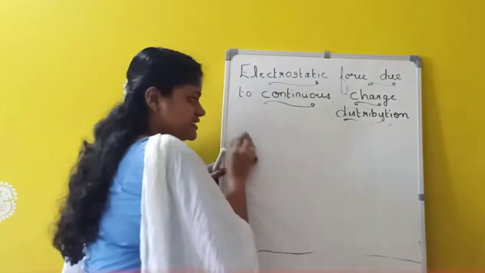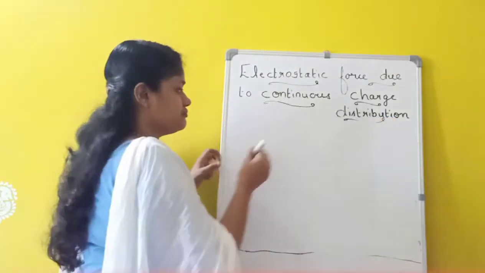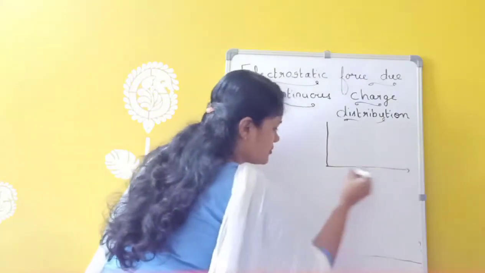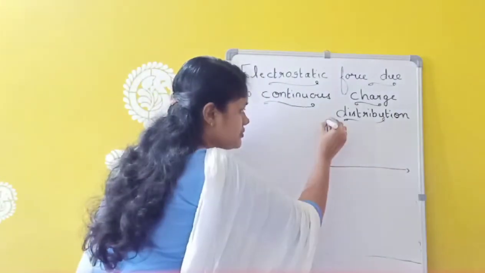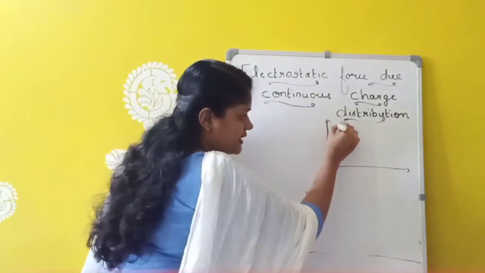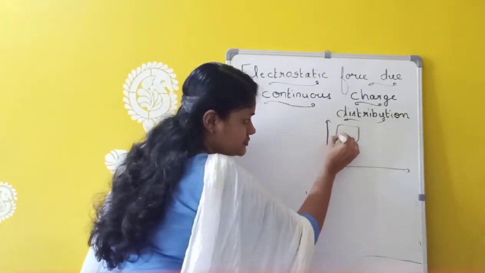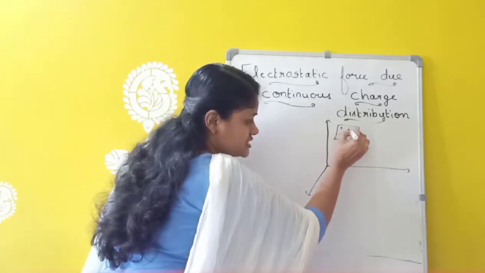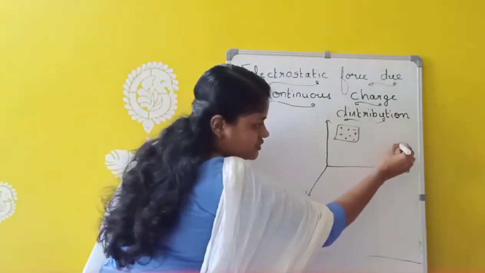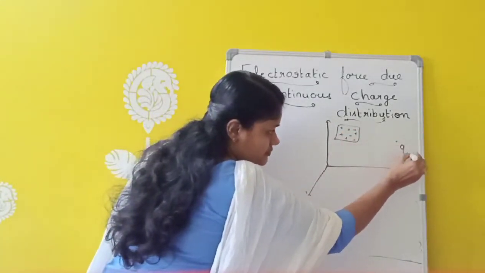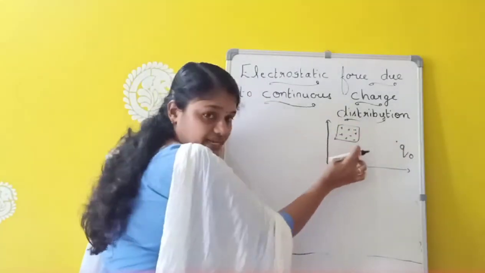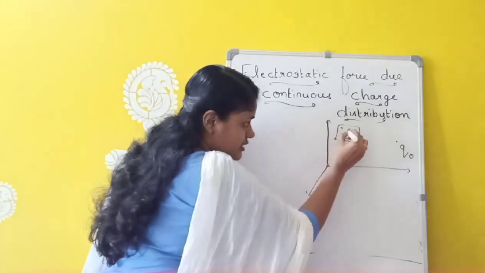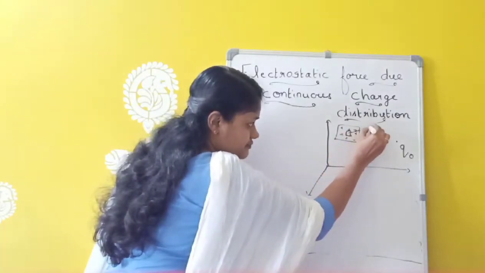So first of all, I am drawing a diagram here. So consider a plain sheet having continuous charge distribution. Okay, and I have taken another charge Q0 here, and in this plain sheet I am taking a small surface area, and this surface is taken as ds.